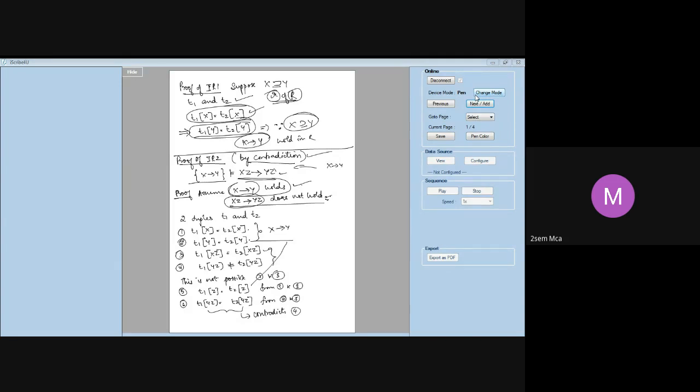So I can write T1 of XZ is equal to T2 of XZ, but T1 of YZ is not equal to T2 of YZ, because XZ implies YZ does not hold in our assumption. This was not possible because if you observe 1 and 3, 1 says T1 of X is equal to T2 of X. 3 says T1 of XZ is equal to T2 of XZ. Only if it holds, you can add a new attribute, which indicates that T1 of Z is equal to T2 of Z.